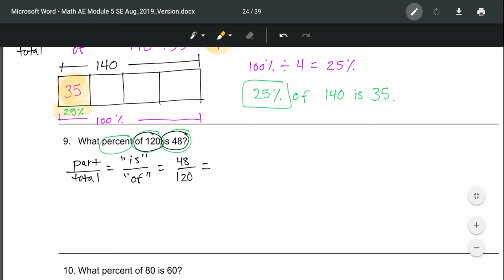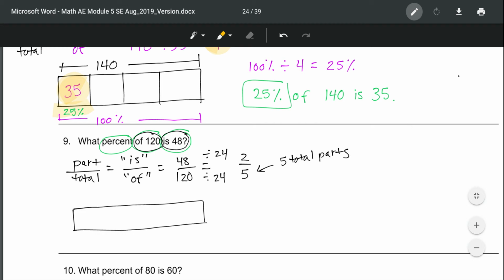So we want to reduce this fraction. So you can divide the numerator and denominator by 24 and you get 2/5. So you're going to break your bar model into 5 total parts. So sketch your bar model and break it into fifths.